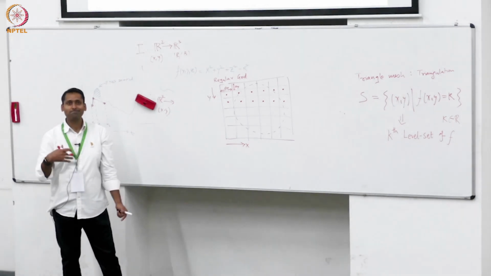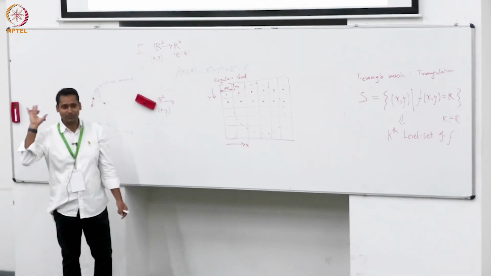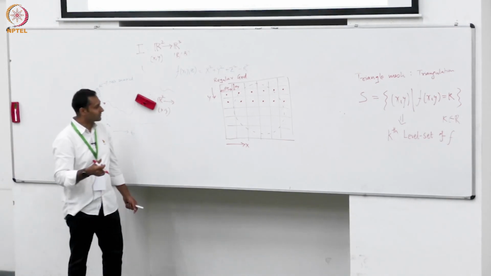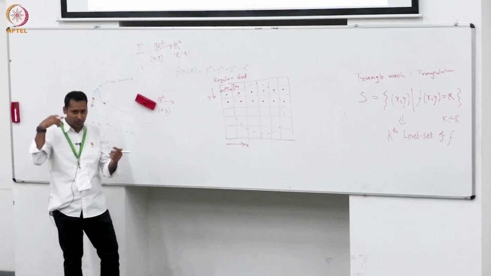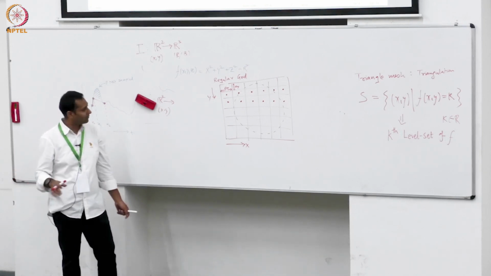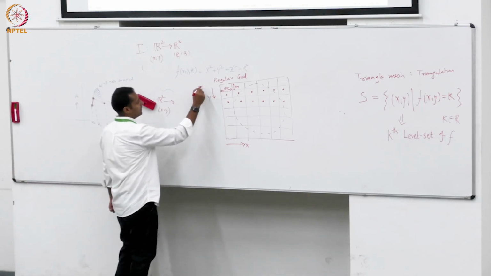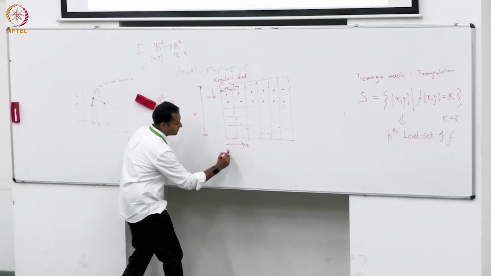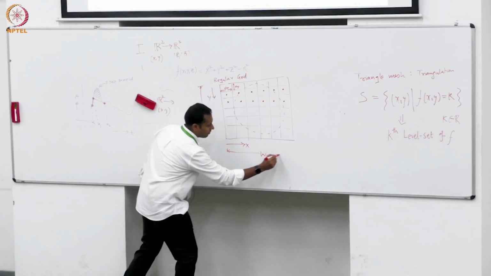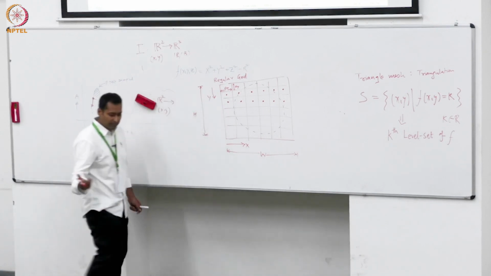Which is somewhat opposite to what we are used to, but that is how it is. That's not a worry. We just need to flip our notion of the y-axis and we are done. And this is your height, and this is your width of the image or grid.